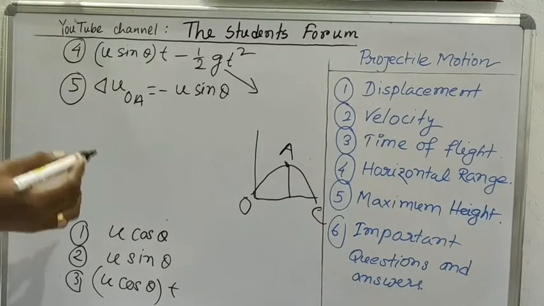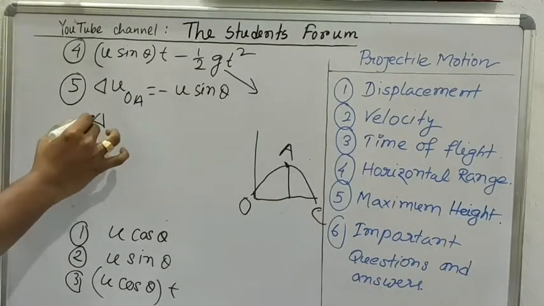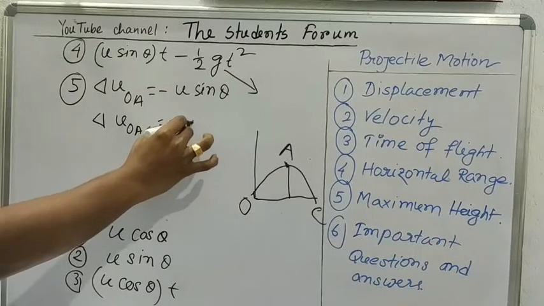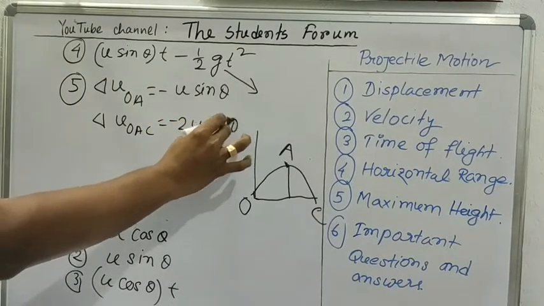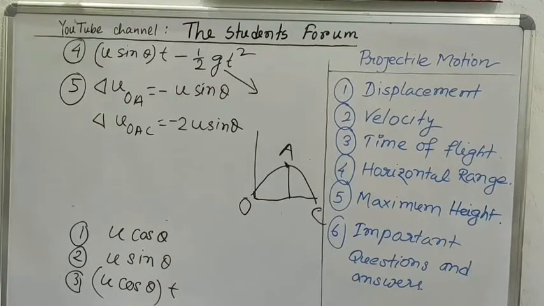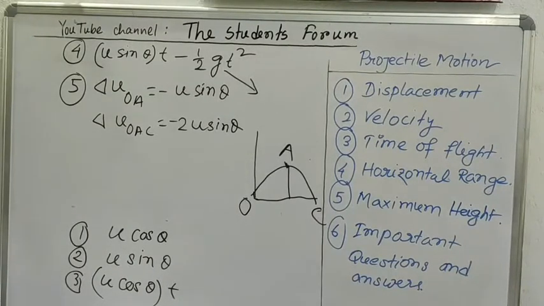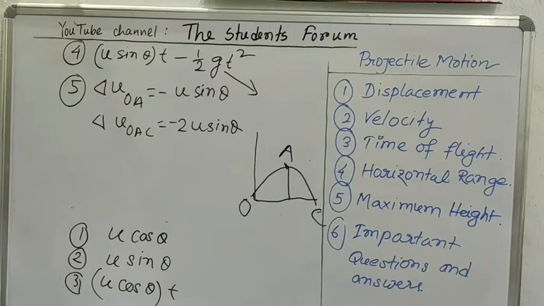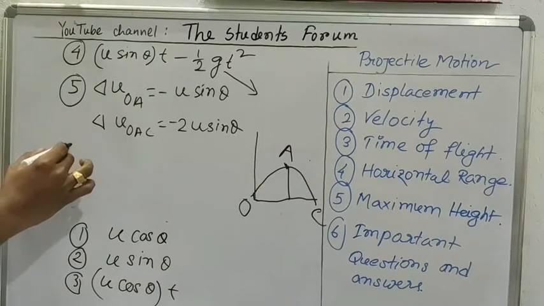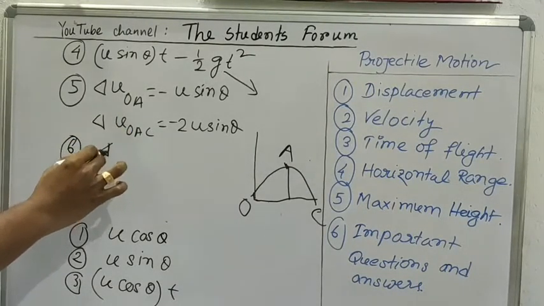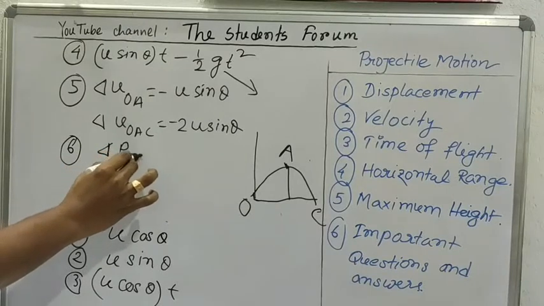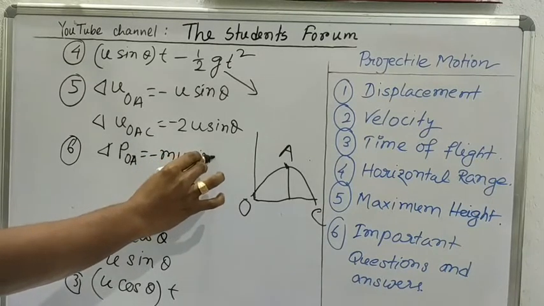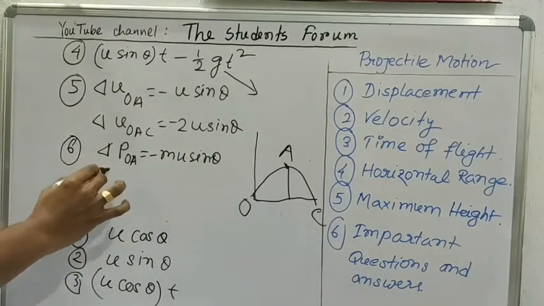Similarly, for the whole path it is given by delta u, OAC, equals minus 2 u sin theta. As we have found the change of velocity, the change in the momentum component will be similar, just multiplied by the mass.